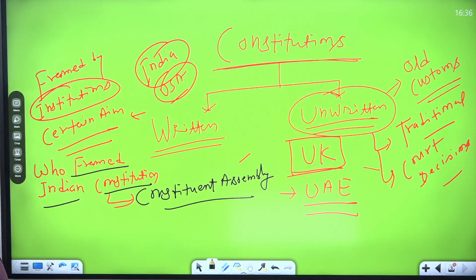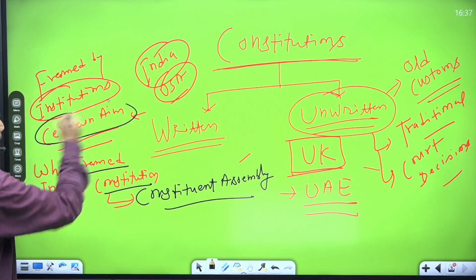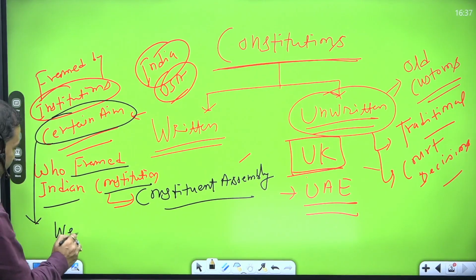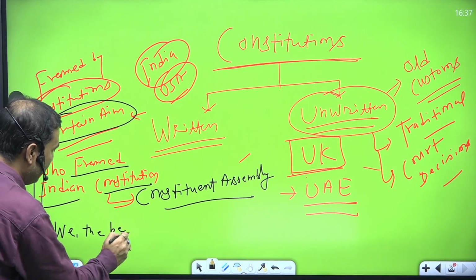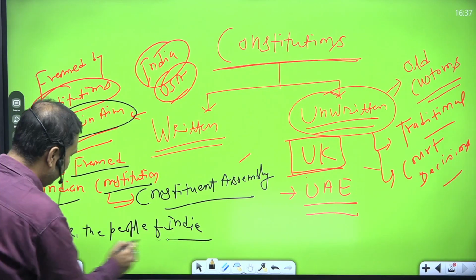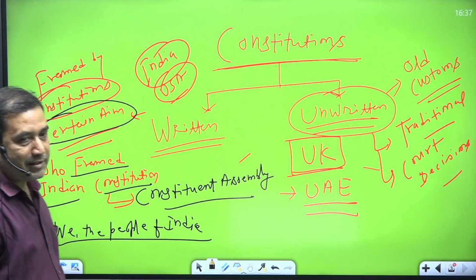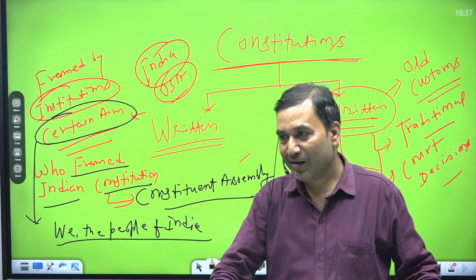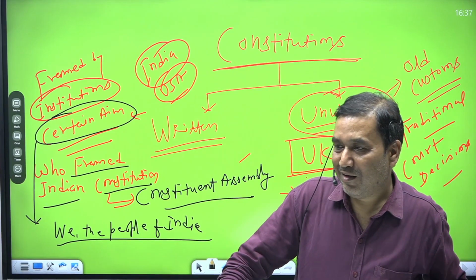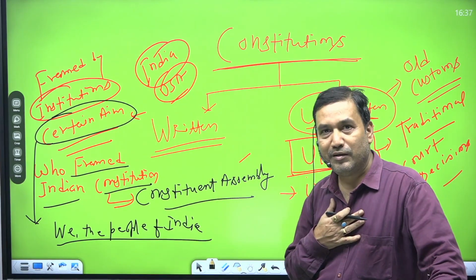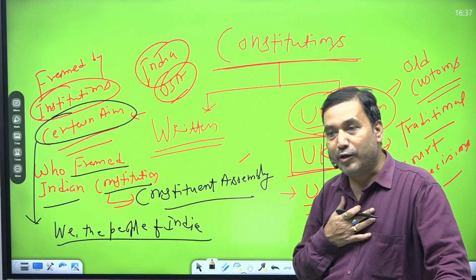Second question is raised here: the aim. What is the aim of the Indian Constitution? We the people of India, already mentioned in the NCERT books, on the first page. Why "We the people of India"?